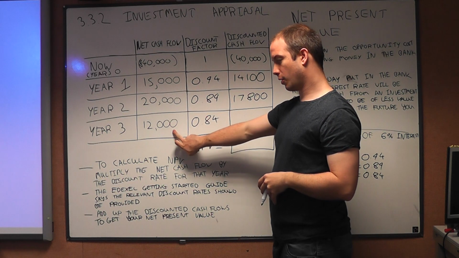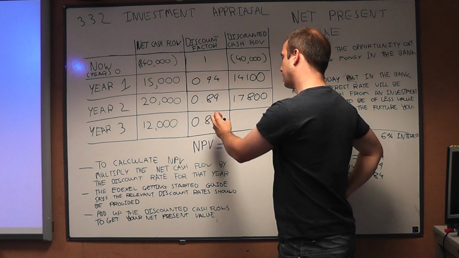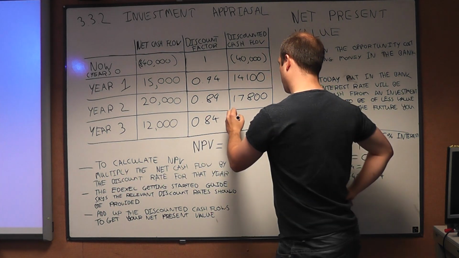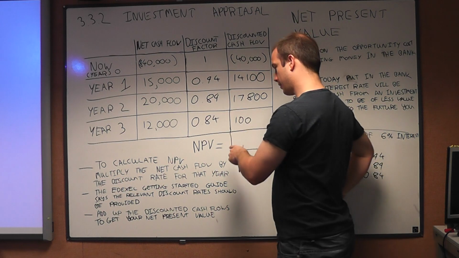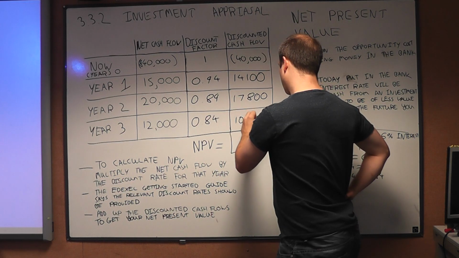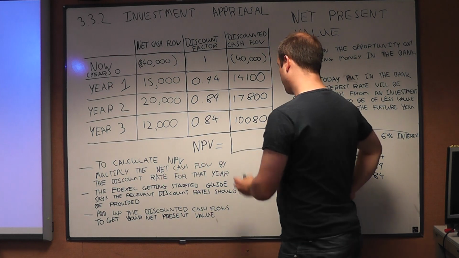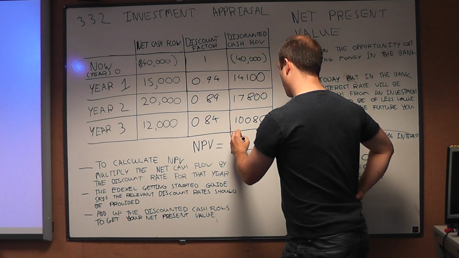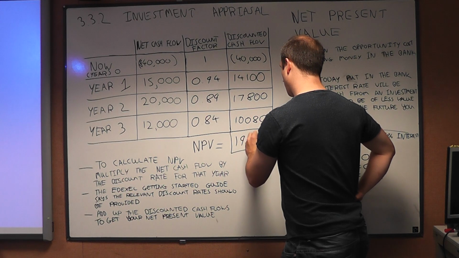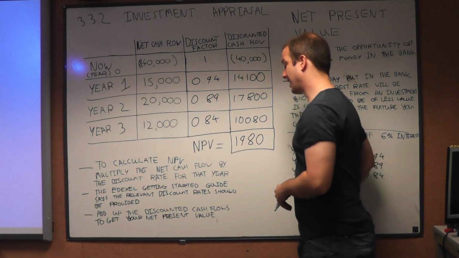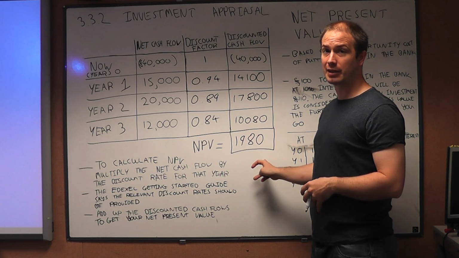And £12,000 times 0.84 would give us £10,080. And then all we need to do is add these up, which gives us £1,980. And this is our net present value.